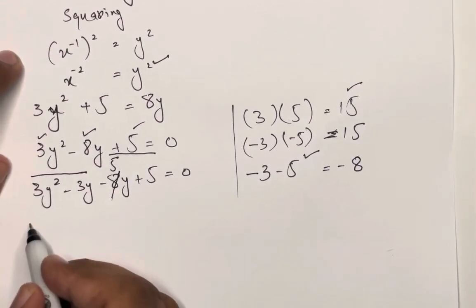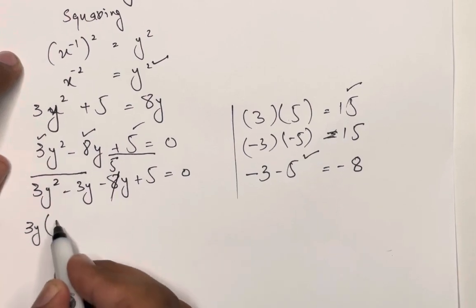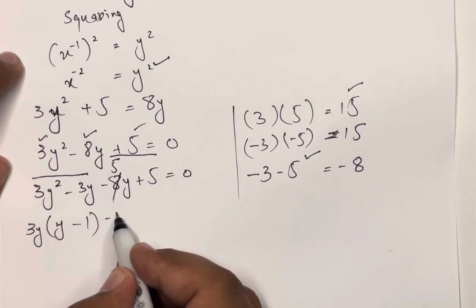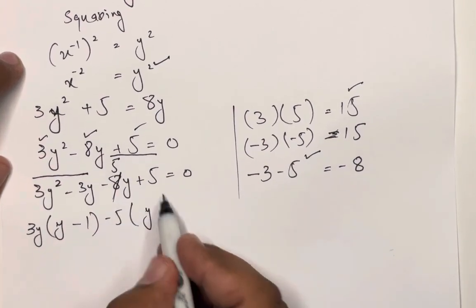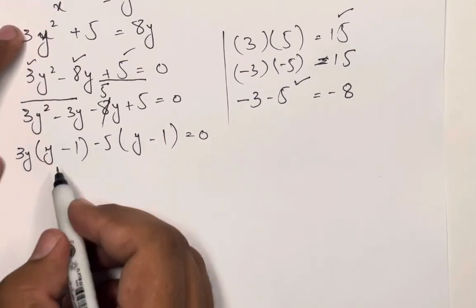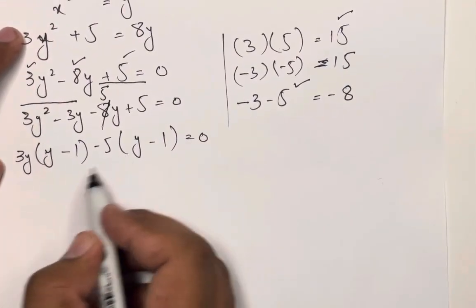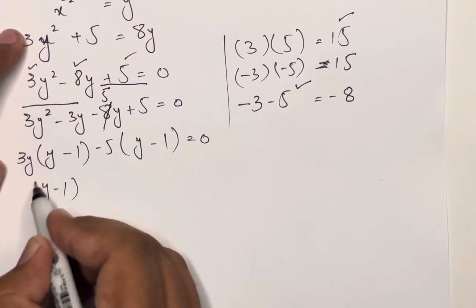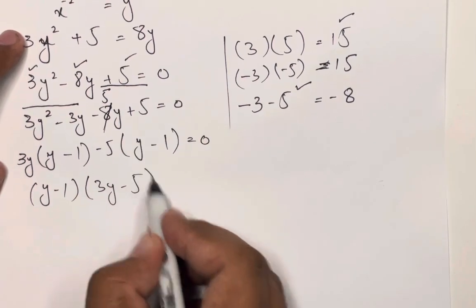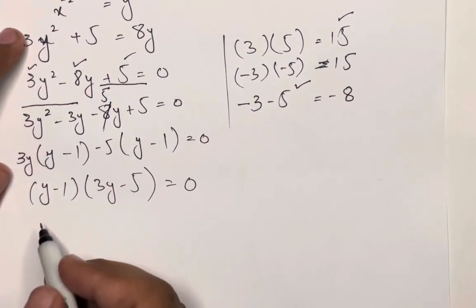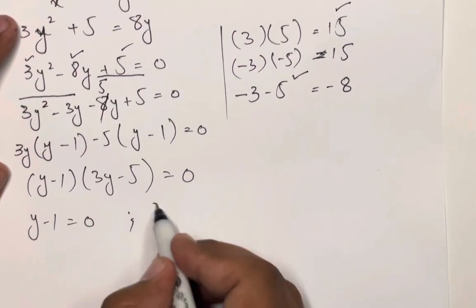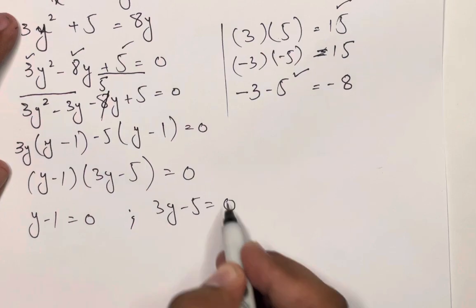From the first two terms I can take 3y common, and the remaining is y - 1. From the other two terms I can take minus 5 common, and the remaining term is y - 1. Now y - 1 is common in both terms, and the remaining is 3y - 5 = 0. Now I am separating these: y - 1 = 0 and 3y - 5 = 0.